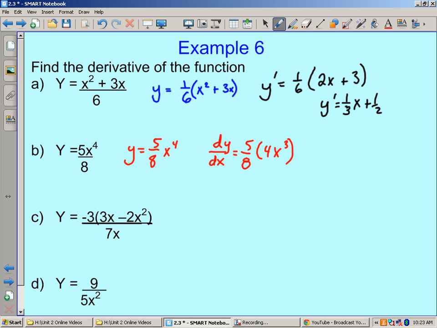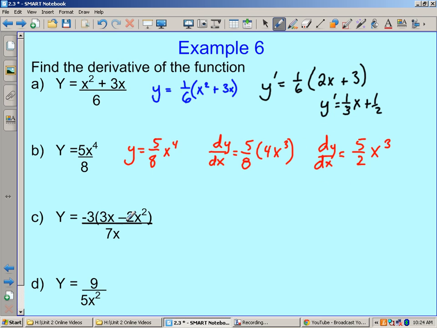And so then just a quick little simplification, I will get my dy dx to be 20 over 8, which actually can be reduced to 5 over 2 x cubed. And so that's basically my best simplification for that problem.